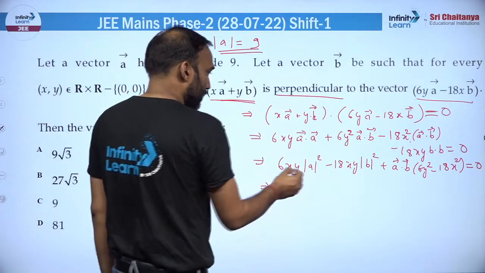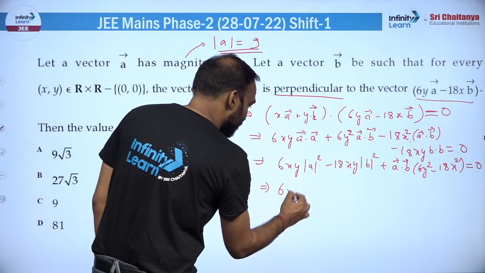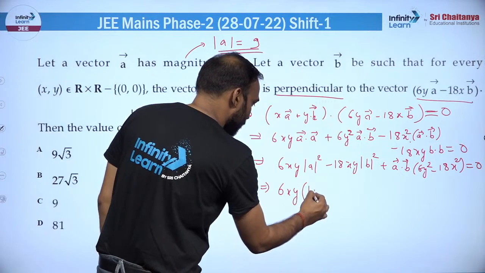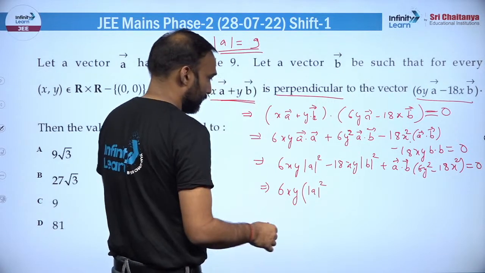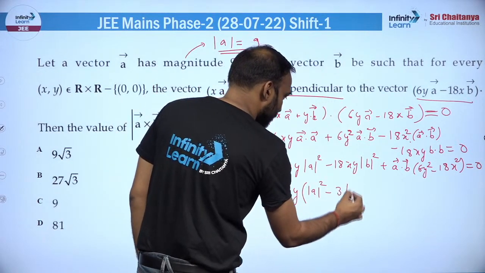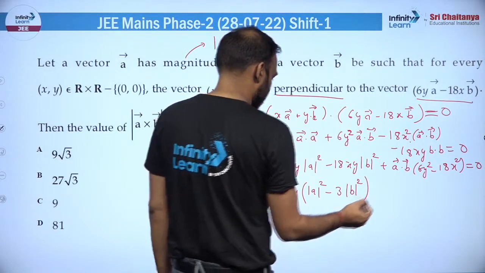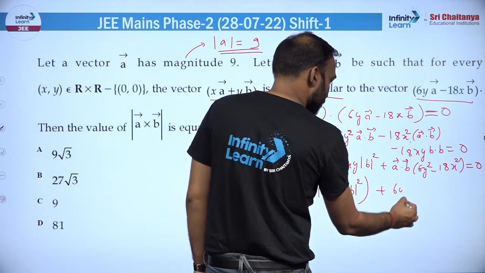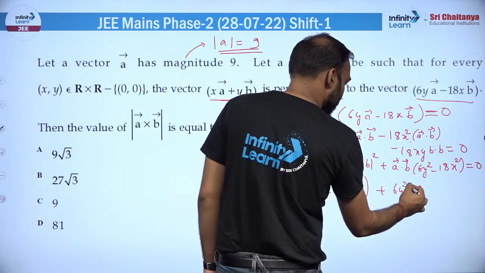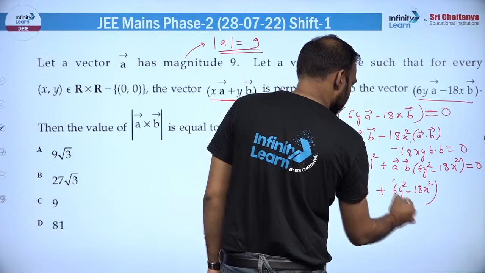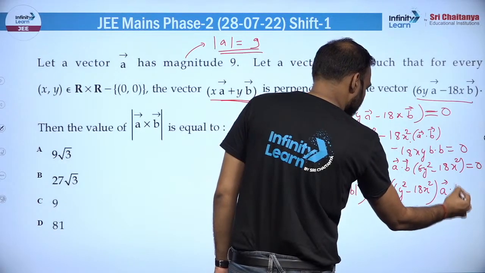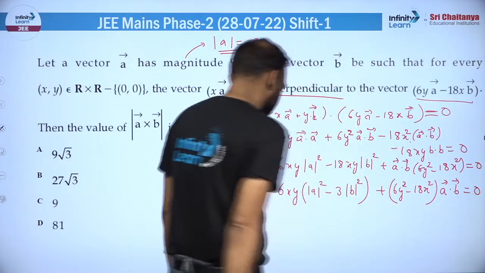Right. Now from here I can take 6xy common, so I'll get mod A square, right, minus 3 mod B square plus 6y square minus 18x square into A dot B. This is equal to 0.